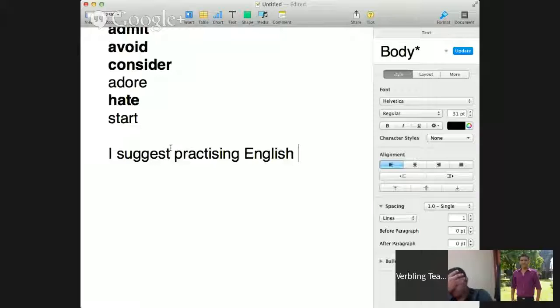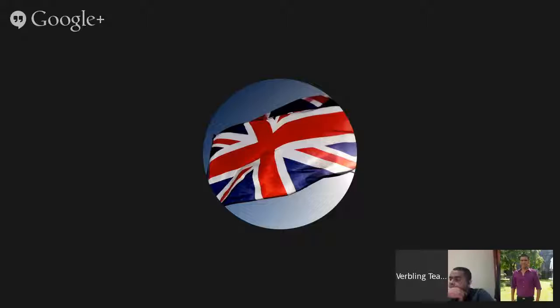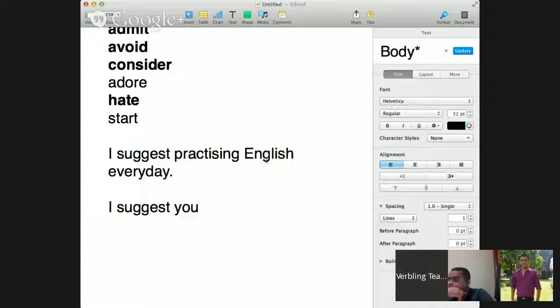So if you want to just make a suggestion, then you can use the ing form. However, if you're making a suggestion to somebody, you put the object in the person, and then you actually have to use the infinitive without to. I suggest you practice English every day.